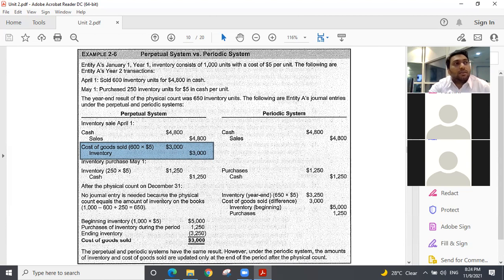Next, after the physical count on December 31st, it's not necessary to have a physical count, but we just do it for the counter checking, whether the amount matches or not. And you will have a beginning inventory of 5,000 and purchase of inventory during the year 1,250, and the ending inventory will be 3,250. So cost of goods sold 3,000. Clear? Okay, done.